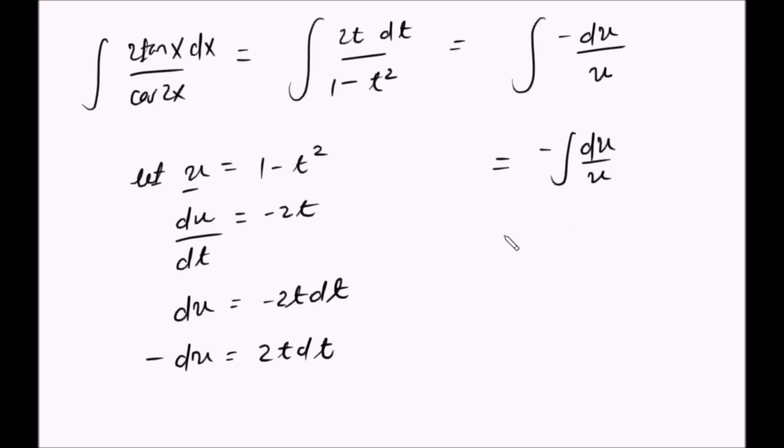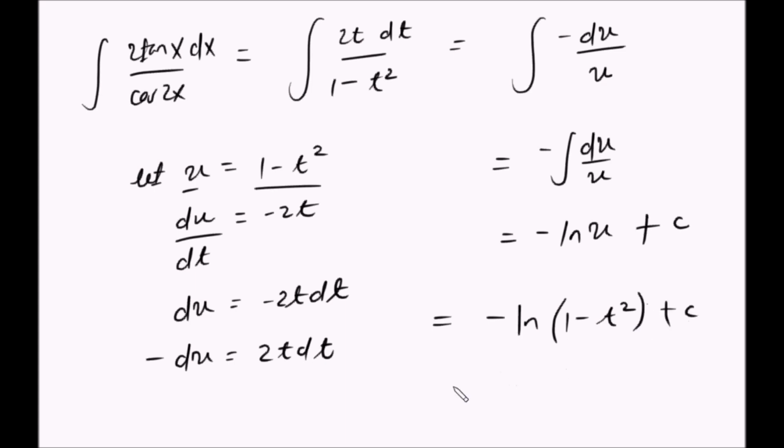So nikiintegrate hii, the derivative of u over u, unapata nini? Negative ln u plus c. Lakini u tumesema ni 1 minus t squared. Kwa hiyo kumbe itakuwa ni negative ln 1 minus t squared plus c. But t ni nini tumesema? Tan x.